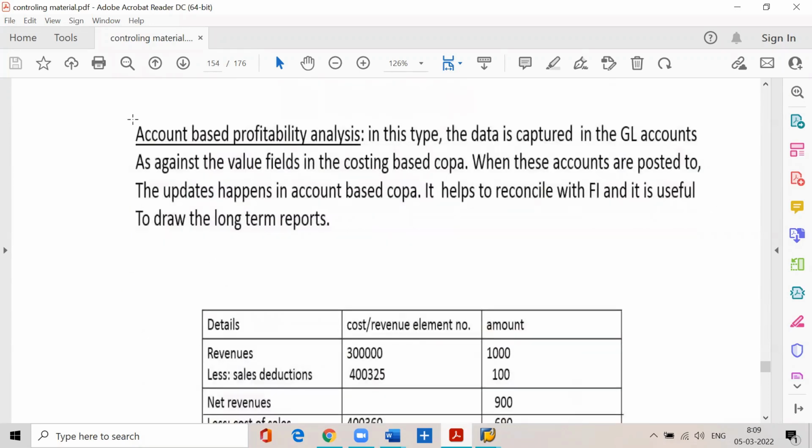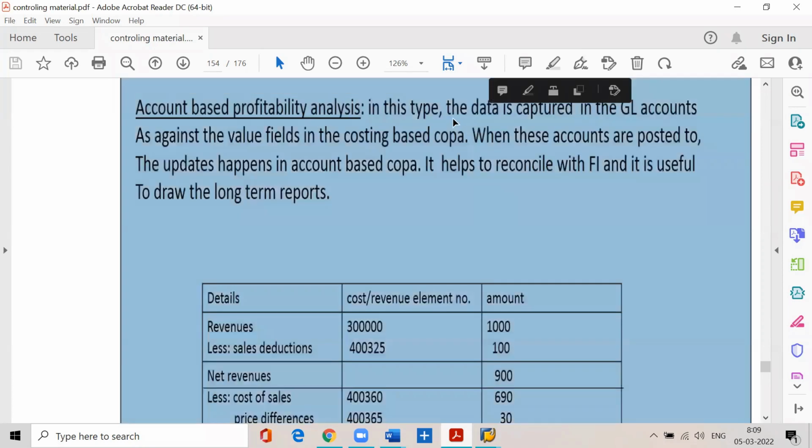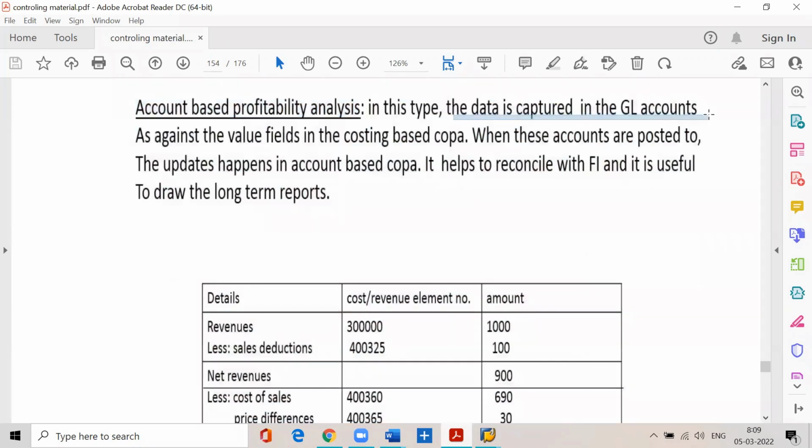Then in the case of account based profitability analysis, the data is captured in the GL accounts, as against the value fields in the costing based COPA. So in costing based COPA, the information is extracted from the value fields. But in account based COPA, the information is extracted from the GL accounts maintained in FI.